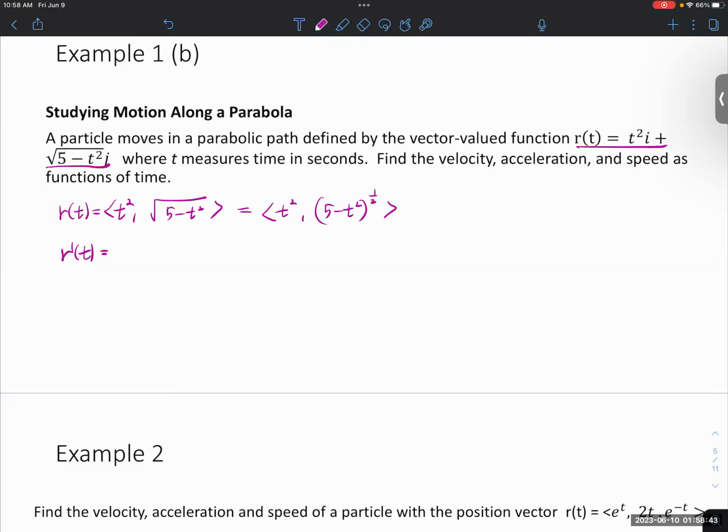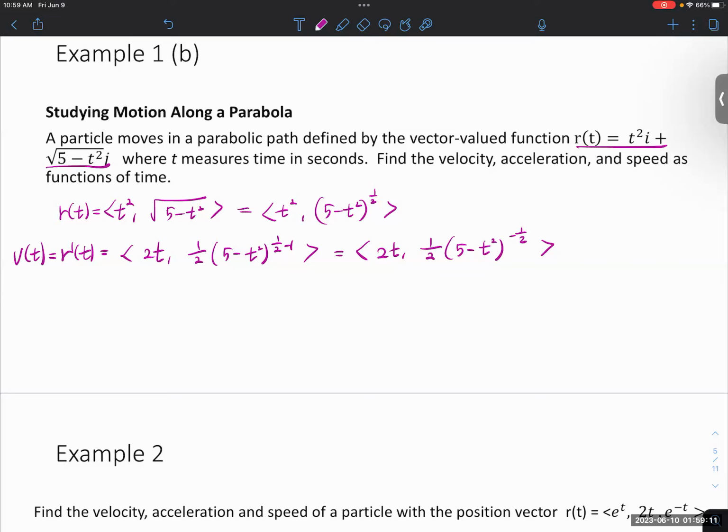So r prime will be 2t, 1 over 2, 5 minus t squared, 1 over 2 minus 1. So that's 2t, 1 over 2, 5 minus t squared, negative 1 over 2. So this is the velocity, by taking one derivative.